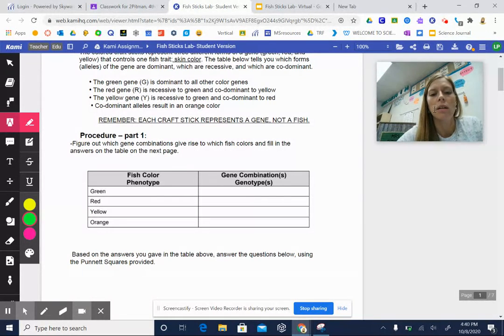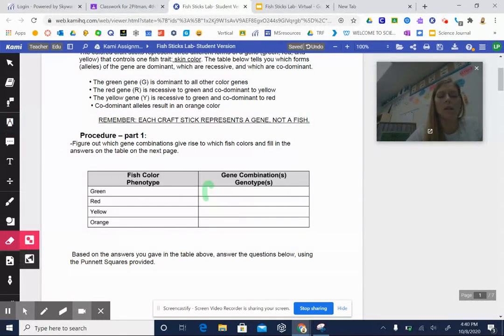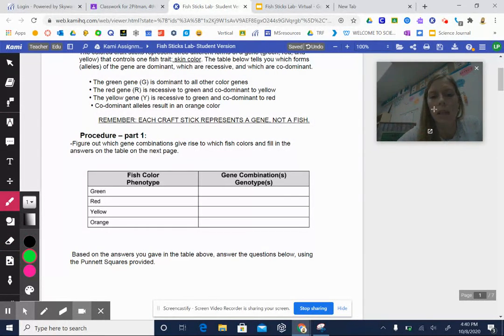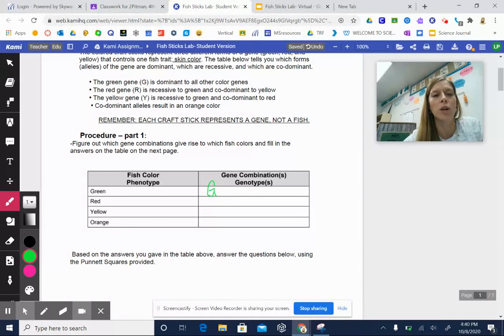So the green, we know that green has a dominant allele. It is a dominant gene for the skin color. So anytime we see a G, it's going to take over and make the fish's phenotype green.